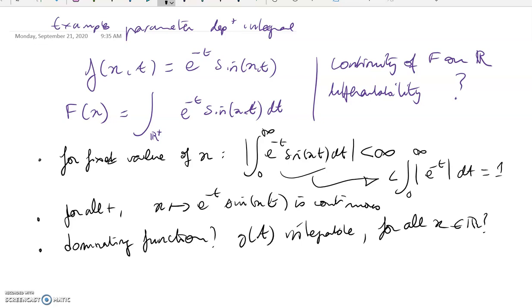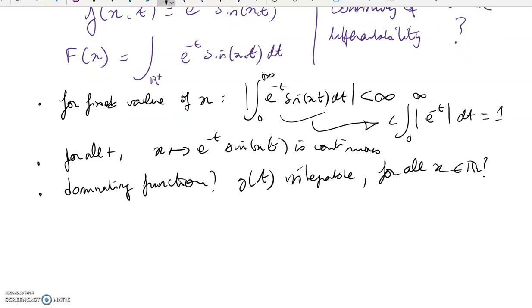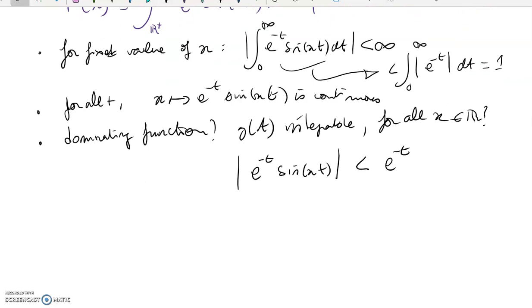Yes, we do. We've already found it. We used it a bit earlier. We just used the fact that the sine is anyway smaller than 1, so that this is smaller than exponential minus t. Excellent. And of course, this function is integrable, right? We already said it was equal to its integral on R plus.